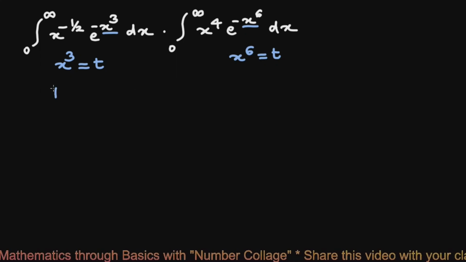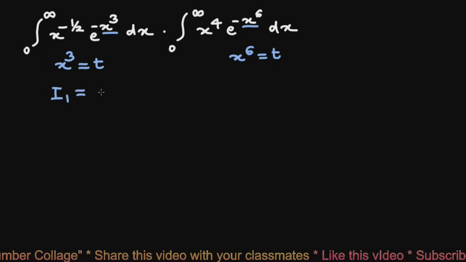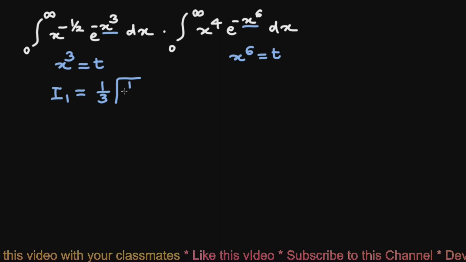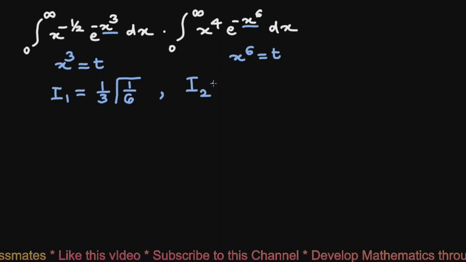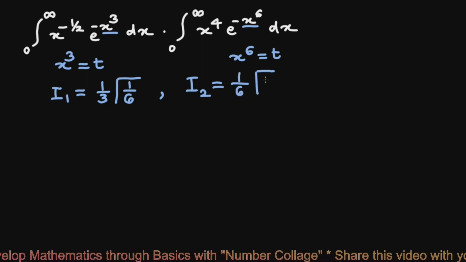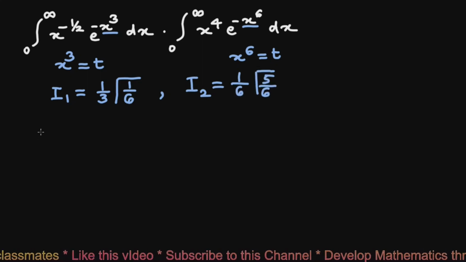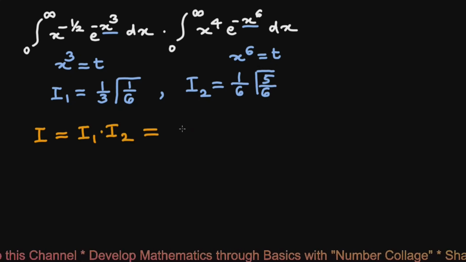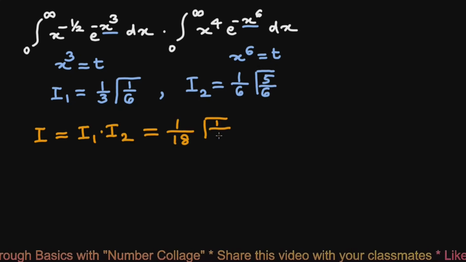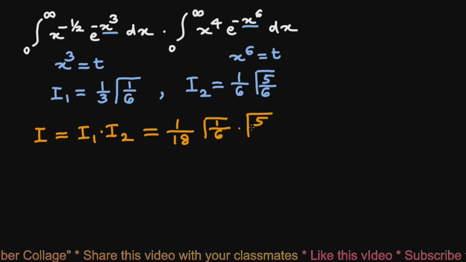The first integral I1 works out to be 1 by 3 gamma 1 by 6, whereas the second integral I2 works out to be 1 by 6 gamma 5 by 6, and the final integral I will be I1 into I2, which will be 1 by 18 gamma 1 by 6 into gamma 5 by 6.